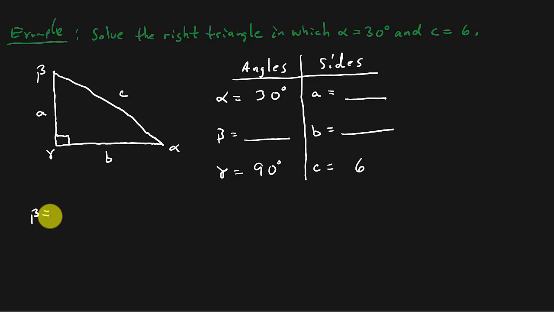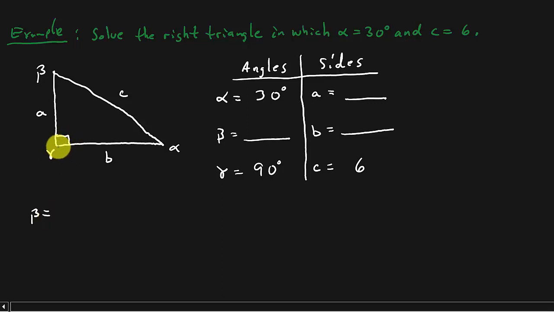If gamma is 90, that means beta and alpha add up to 90. Let's label this 30 degrees, and then label this 6. So 30 plus what is going to give us 90, and then plus this 90 is 180. So beta is 90 minus 30, which is 60 degrees.